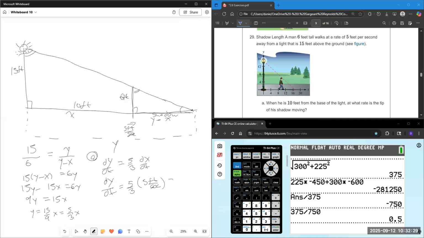So that's 25 thirds feet per second that the tip of his shadow is moving. So dy/dt is going to be the speed at which the tip of the shadow moves.